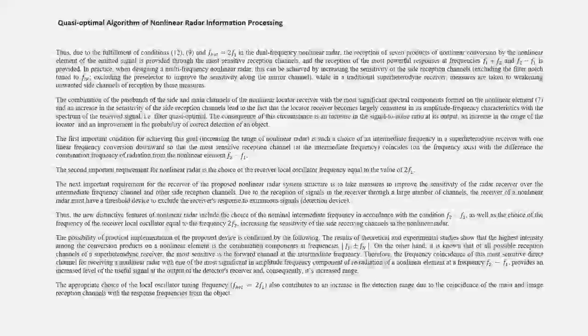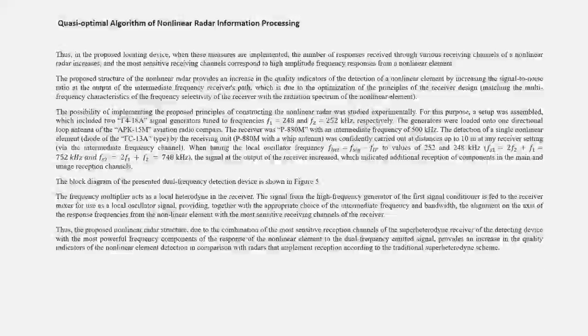The possibility of practical implementation of the proposed device is confirmed by the following decisions. The appropriate choice of local oscillator frequency, the heterodyne frequency equal to 2f1, also contributes to an increase of the detection range due to the coincidence of the main and image reception channels with the response frequency from the object.